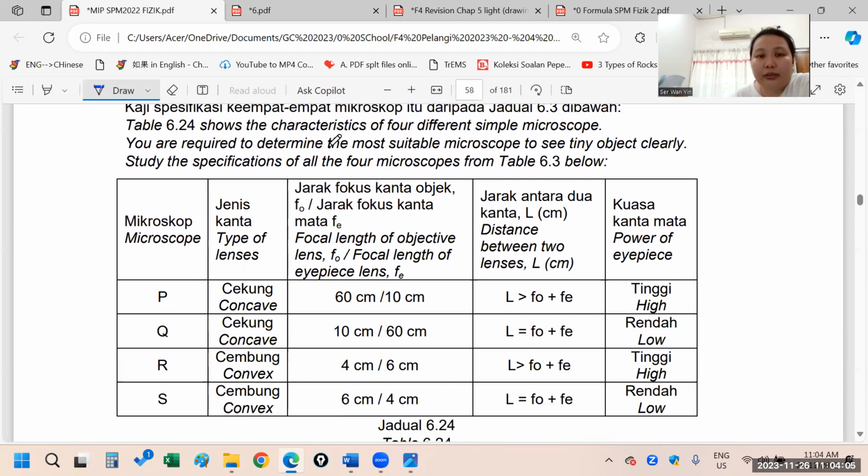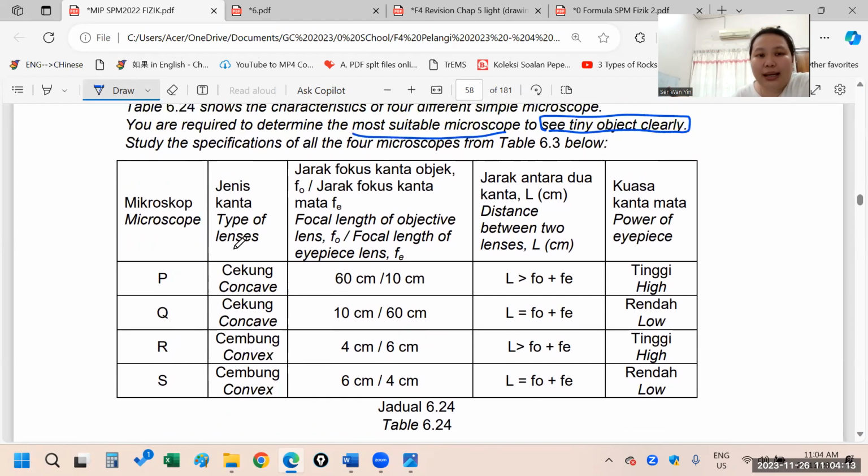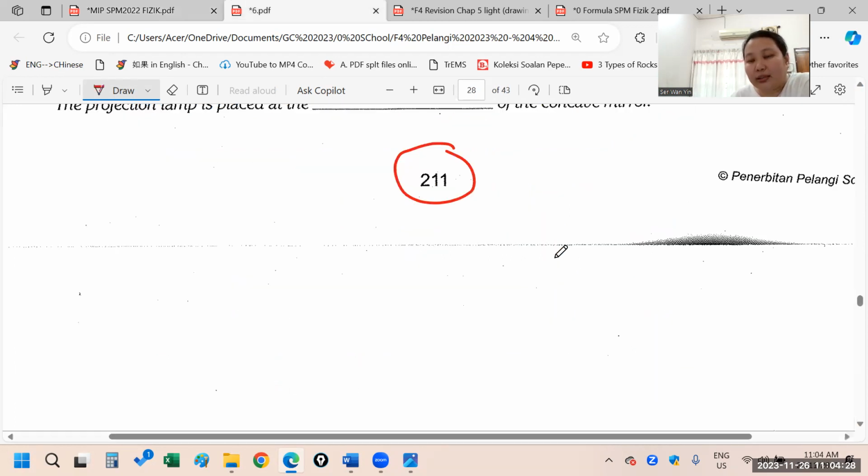We are required to determine the most suitable microscope to see tiny objects clearly. Okay, so what kind of lens do you use? Concave or convex?